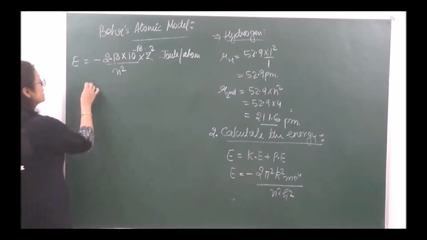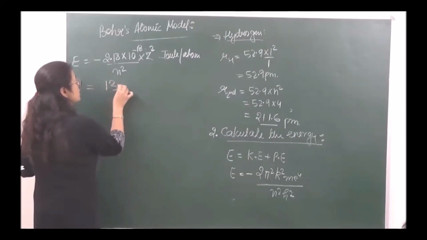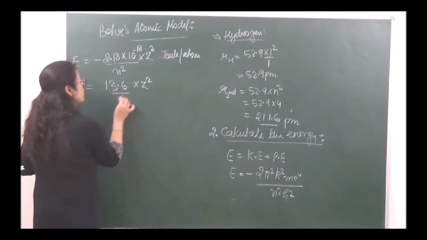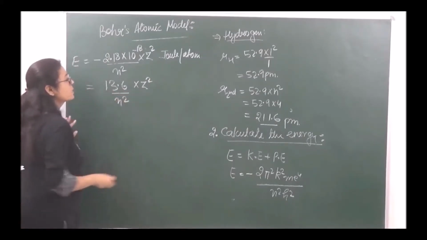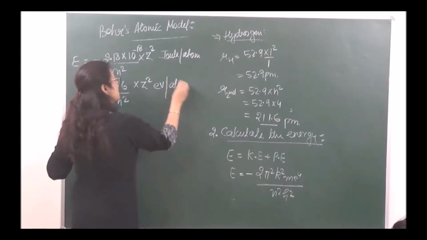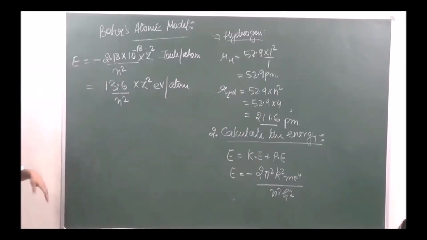Then if it is taken in electron volts, it is 13.6 into Z square upon n square electron volt per atom.